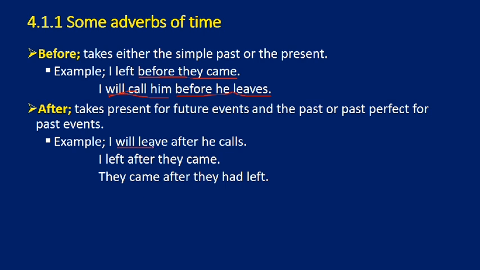This is a future action: ገና አልሄድኩም, ለመሄድ ያሰብኩ ነው ማለት ነው. መቼ ለሚለው ጥያቄ እሱ ከደወለ በኋላ, after he calls. So future action ስላለን independent clause ላይ we use simple present tense dependent clause ላይ. The second example is "I left after they came".